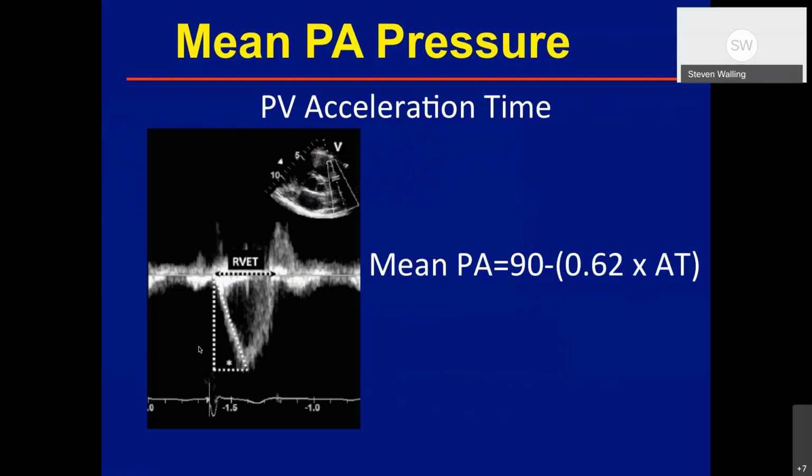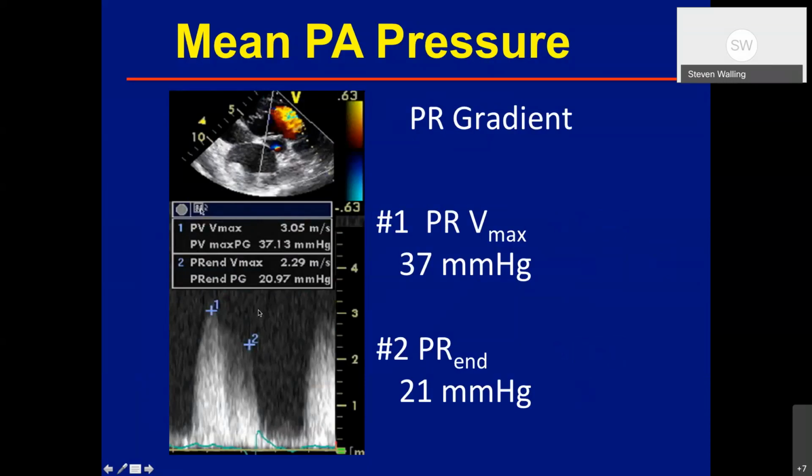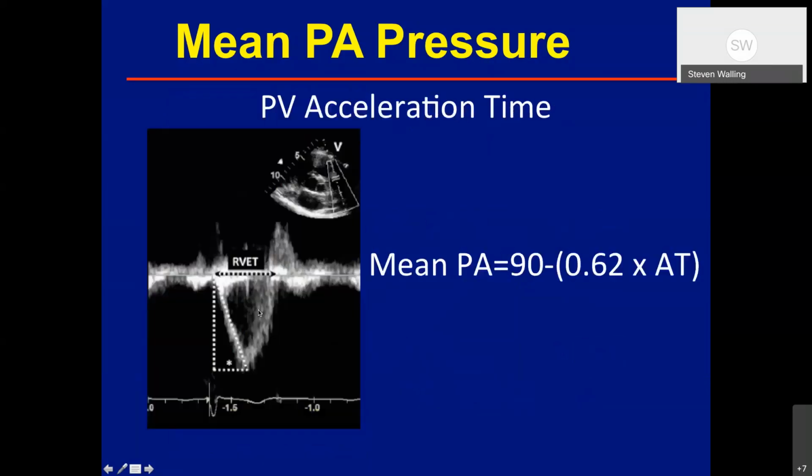The other way we use, very common, probably the second most common after the TR jet, is the mean PA pressure from the pulmonary valve ejection time, sorry. And you kind of want to know this formula: 0.62 times acceleration time, as 90 minus of it.